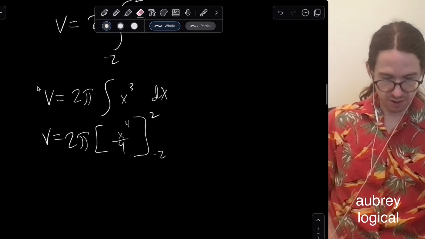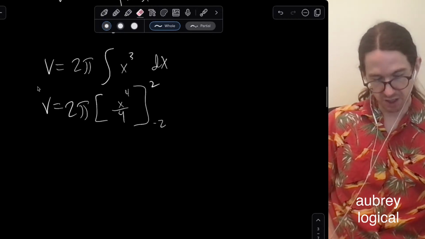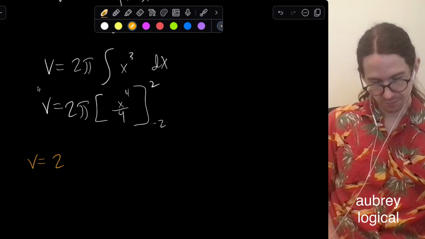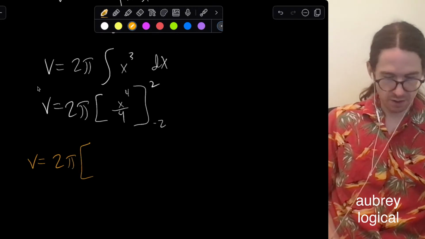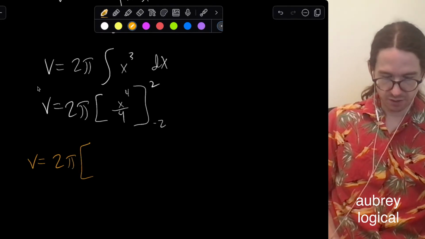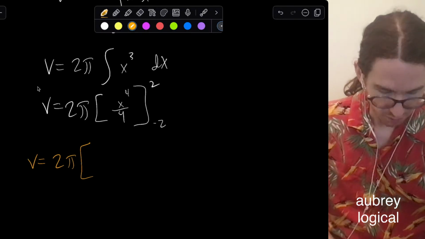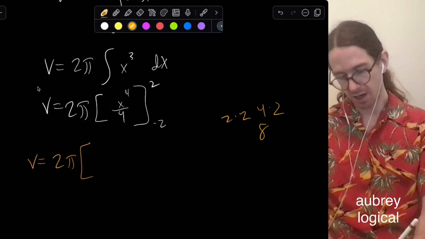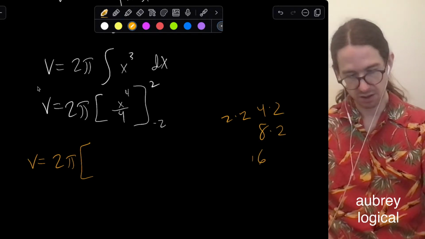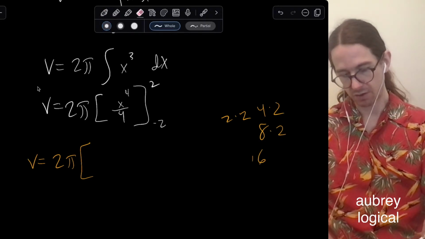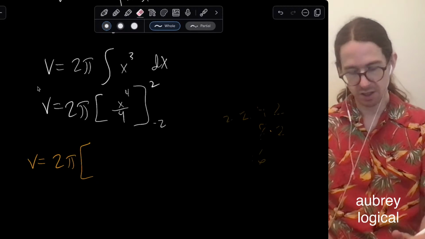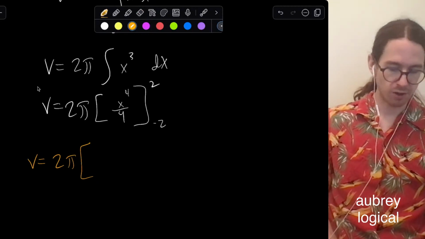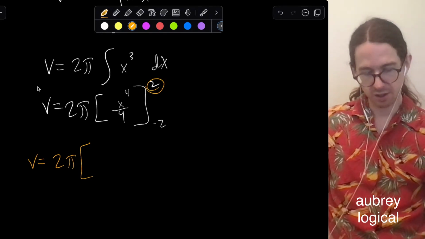Okay, I'm just gonna go ahead and try to plug in and see what we end up getting. So, -2 to the 4th power. 2 times 2 is 4, 4 times 2 is 8, 8 times 2 is 16. So we got 16. Since it's an even power, it's going to be positive.